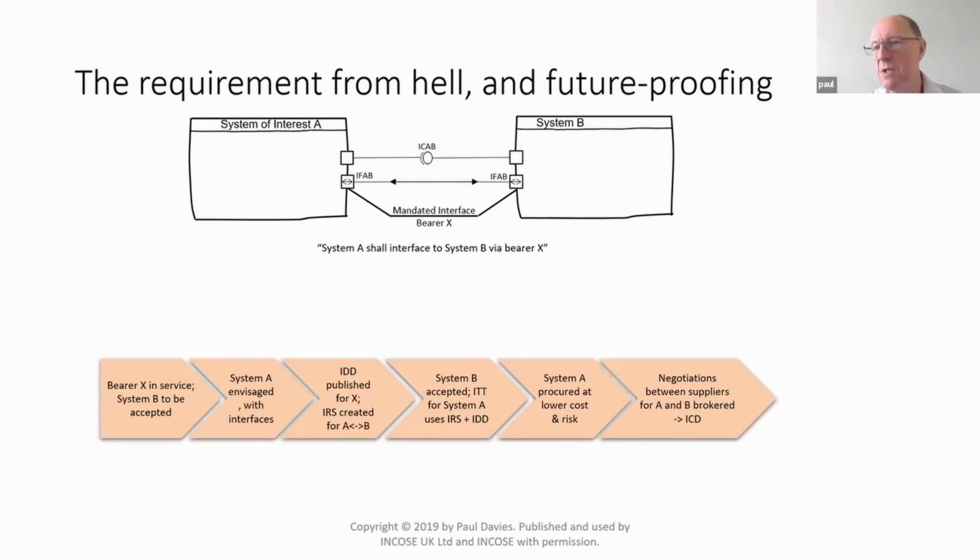The bearer X interface specification is not fully known. Bowman. And what are we going to do about it? There is a little bit of a recipe in the book for that, but it is something to say, don't accept a requirement like that. It is tantamount to signing a blank check.